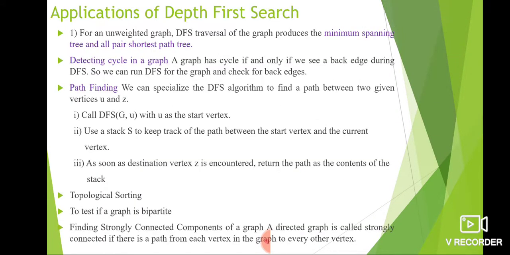We move on to the applications of depth first search. Using depth first traversal, you can find the minimum spanning tree and the all pair shortest path tree. If you want to detect a cycle in a graph, then you can use depth first search traversal.